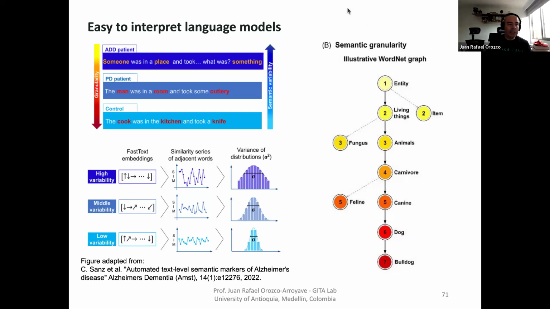And that variability that could happen for a patient suffering from Parkinson's disease could give you information about whether the person is actually producing the words in a proper way.